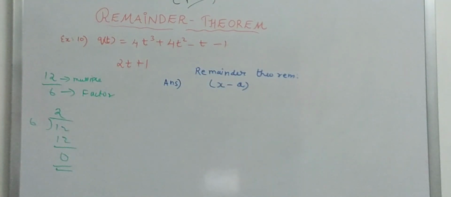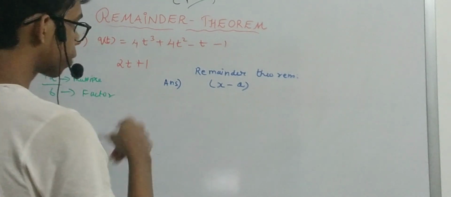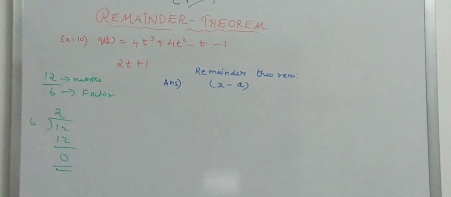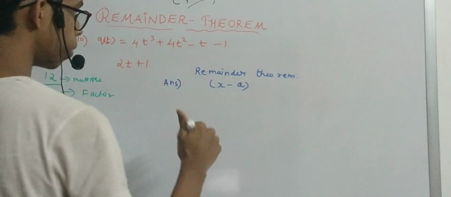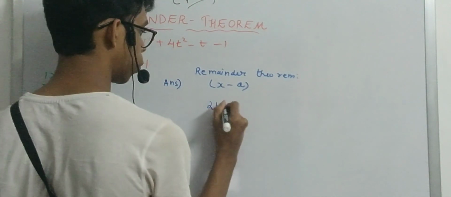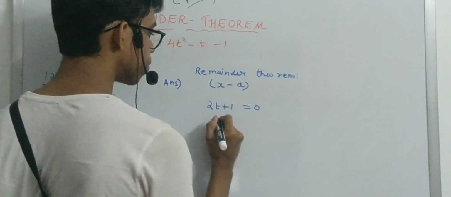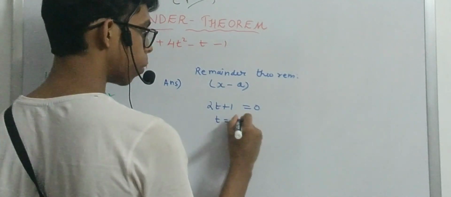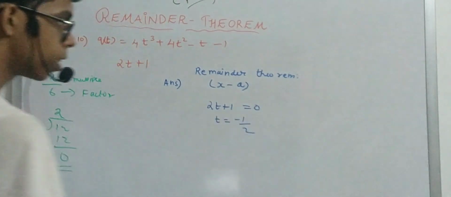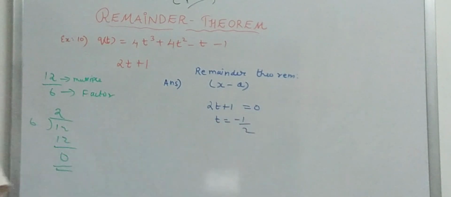Here we are having 2t plus 1, isn't it? So just take this 2t plus 1, equate it to 0, find the value of t. So from here we will get t is equal to minus 1 by 2. When this 1 goes to the other side and the 2 comes to division, we will be getting t is equal to minus 1 by 2.